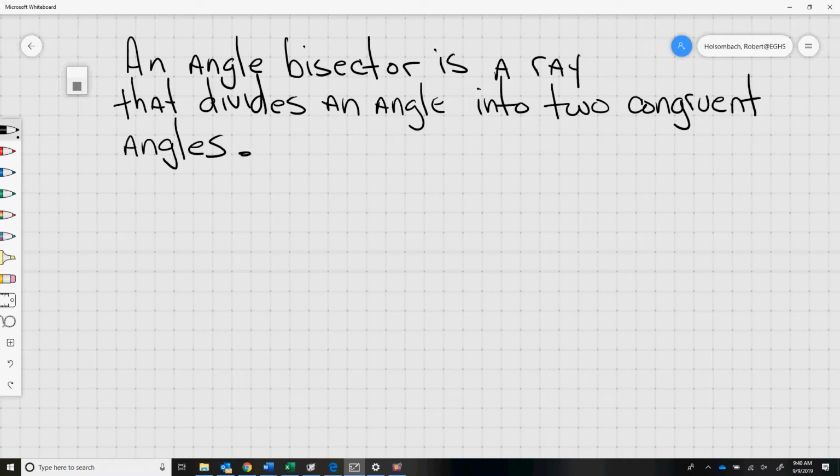Congruent means same. The symbol for congruent is an equal sign with a squiggly line over the top of it.